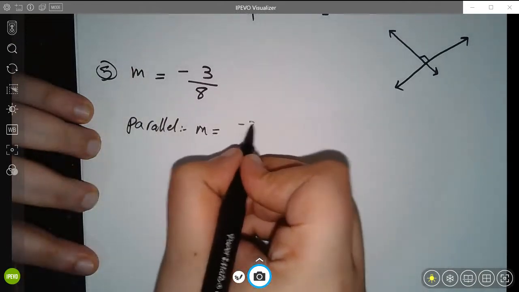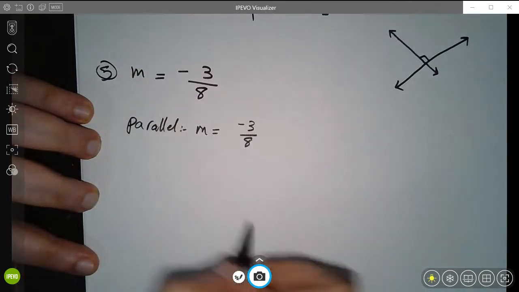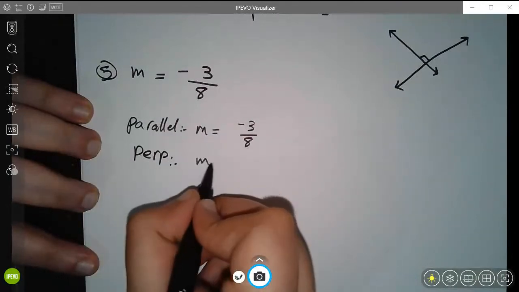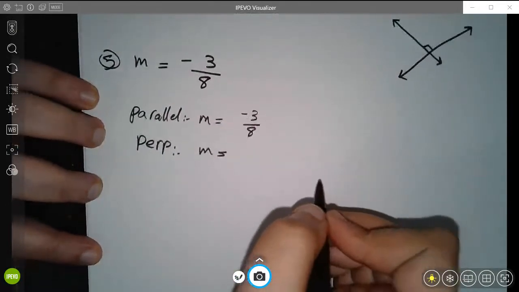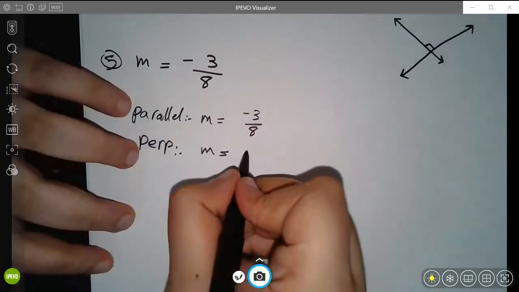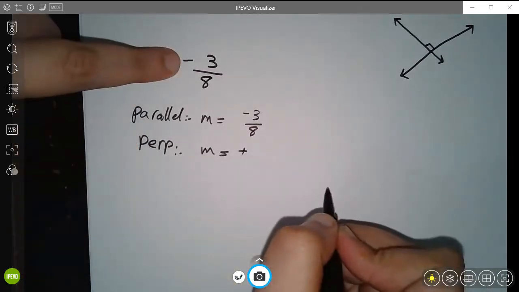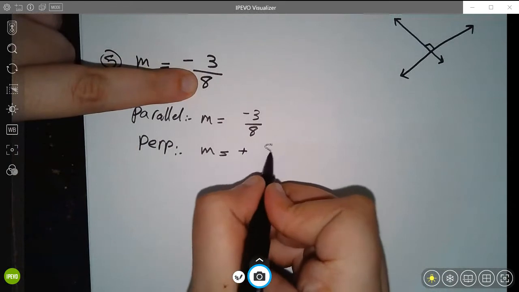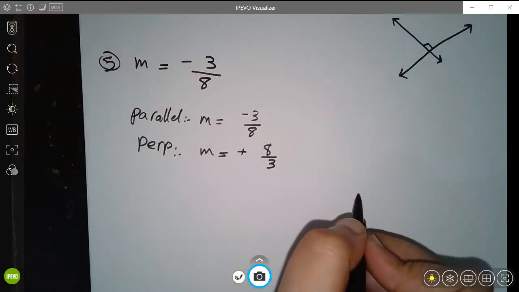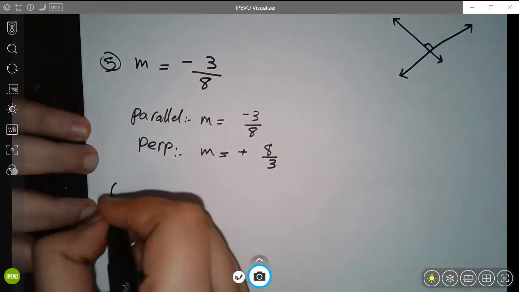The slope is going to be negative 3 over 8, exactly the same. Okay, what if it was perpendicular? What's the slope now? Remember, we flip the fraction and flip the sign. So it's going to be positive instead of negative, and it's going to be 8 over 3. That's right.